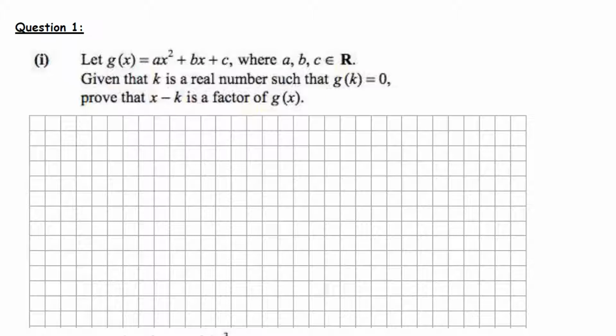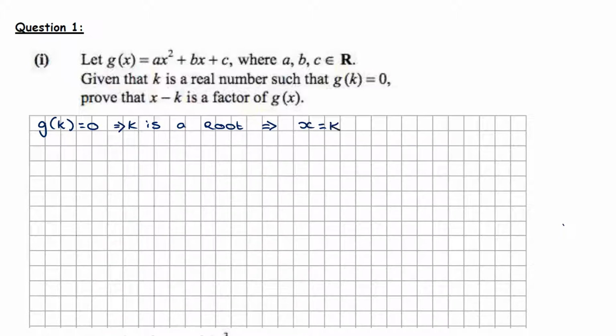Now, let's break this down. So we're given a quadratic g of x is equal to ax squared plus bx plus c. We're told that k is a real number such that g of k equals 0. Now this is important. So effectively what they're telling us here is k is a root, i.e. x is equal to k.